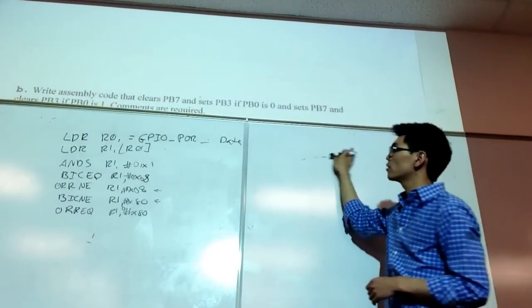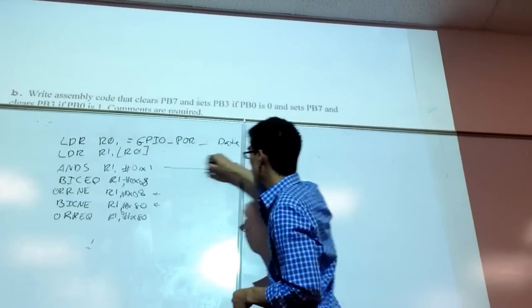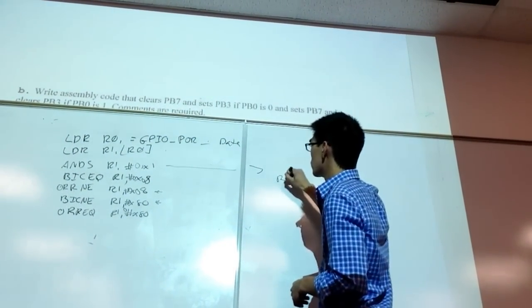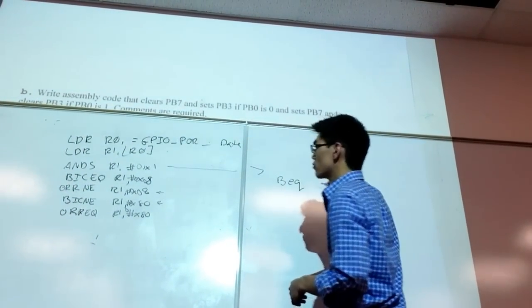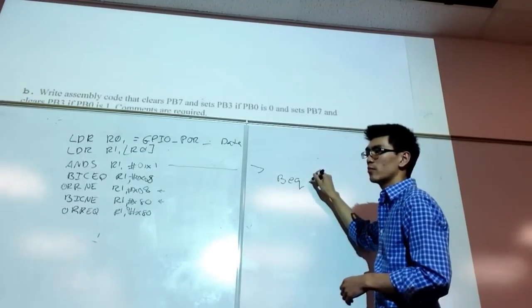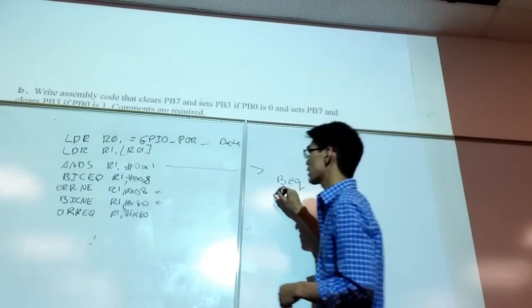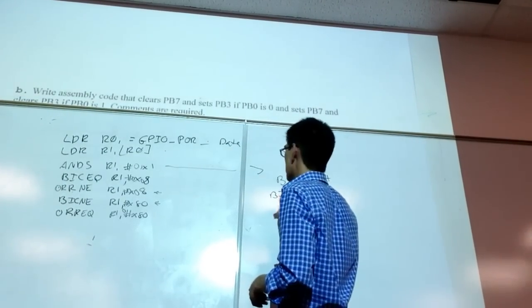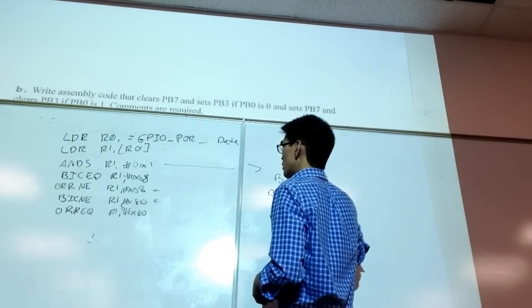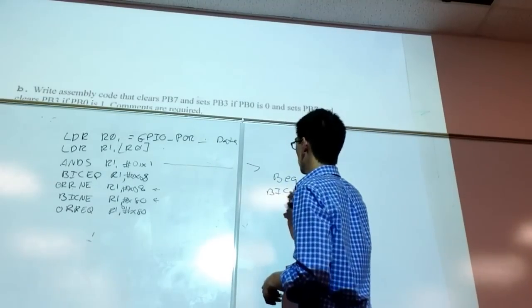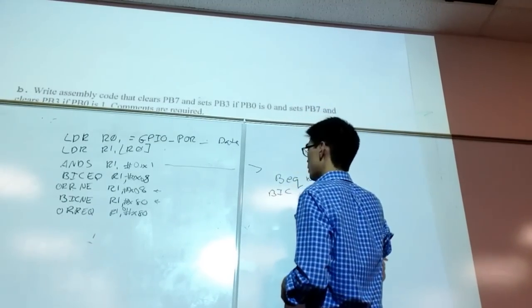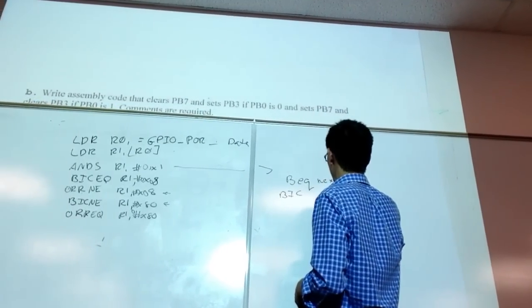Alternatively, I could do the same thing where, when I get to this point, I could do a BEQ, and I could have my set of instructions that would be next, and I can have a BIC R1.